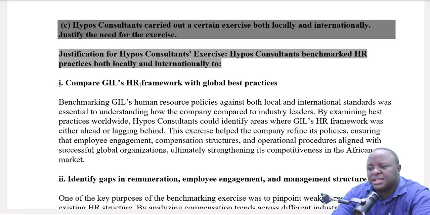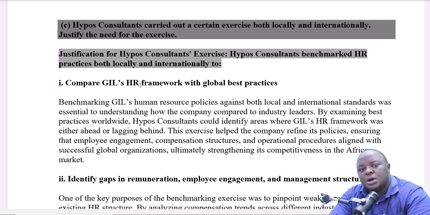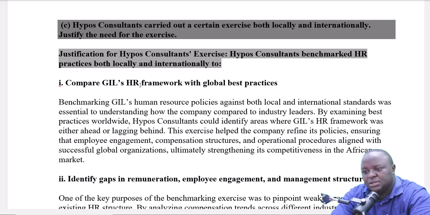So benchmarking GIL's human resource policies against both local and international standards was very essential to understand how the company compares to industry leaders. So by examining the best practices worldwide, HIPO's consultant could identify areas where GIL's HR framework was either ahead or lagging behind.